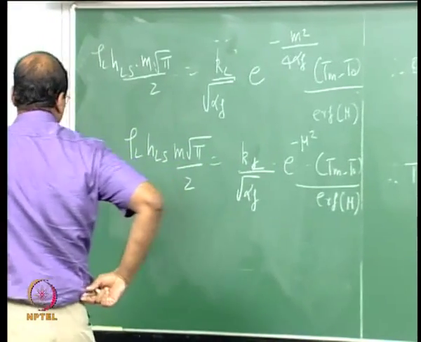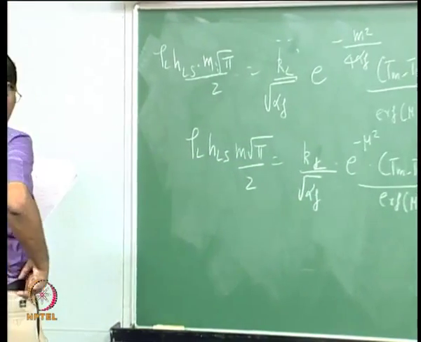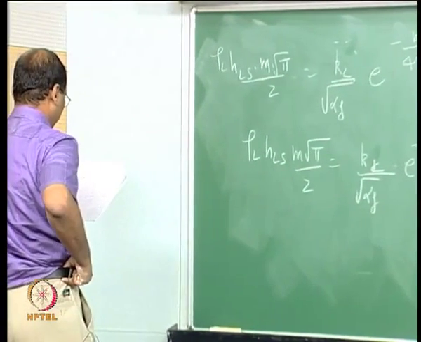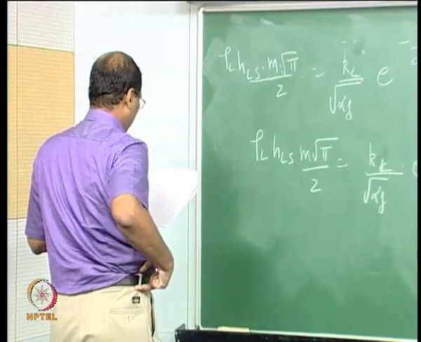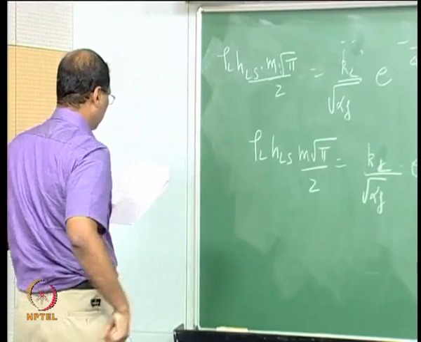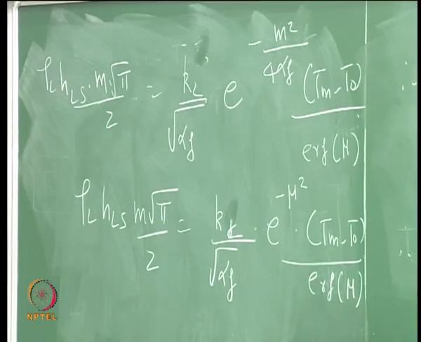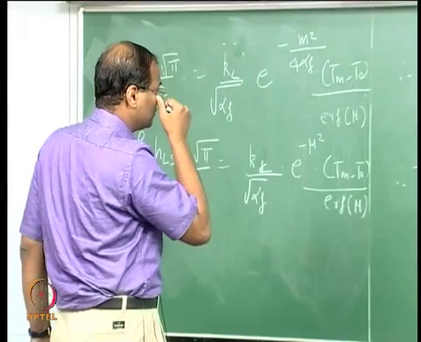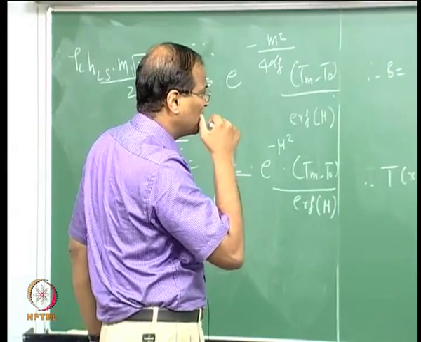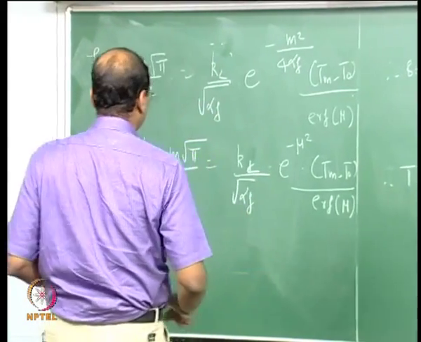Forget the minus. Okay. So there is a root alpha. The 2 is still there. 2 is there, sir, because 2 by root pi. 2 is there. Okay, let it be there.